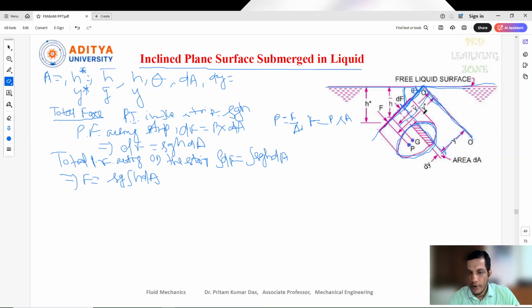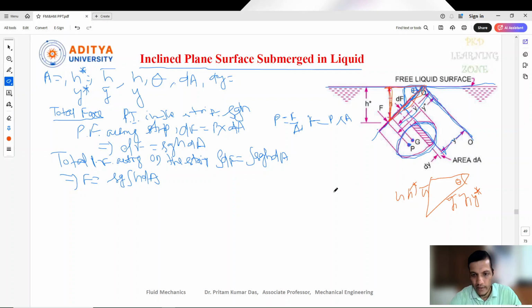Now one more point. As I told you, let's consider a triangle. Suppose this is a line with its height, and this is the inclined line. The inclined angle is theta degrees. If I consider this triangle, here the angle is theta, the height is h bar, and the inclined length is y bar. Similarly, instead of h bar it can also be h star, or h; and similarly y bar, y, or y star.